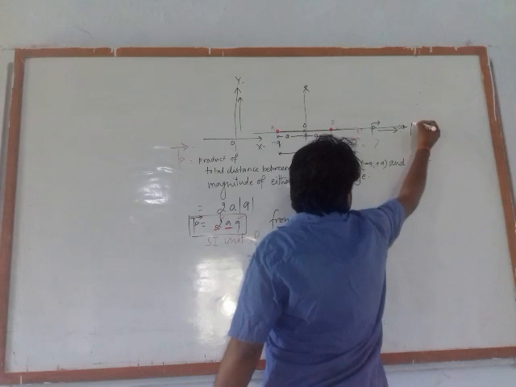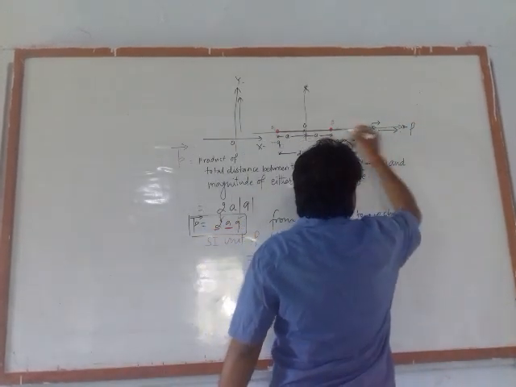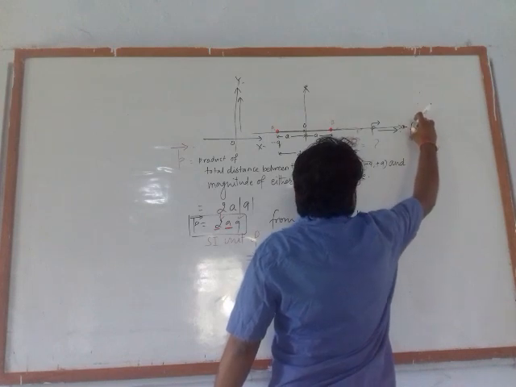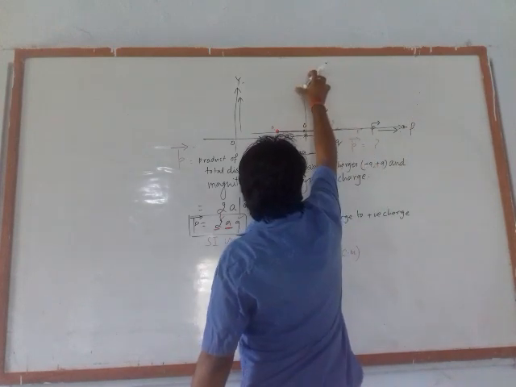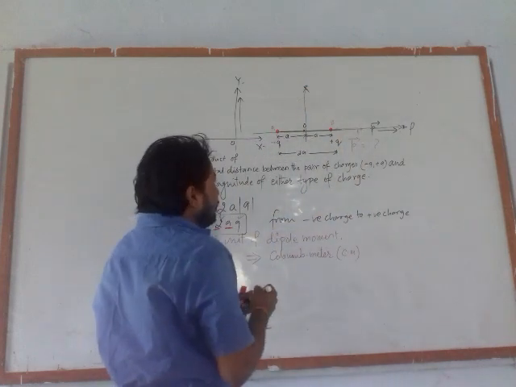Suppose P is any point where we need to find the electric field. P may lie along the direction of AB, or along the direction perpendicular to AB. Why am I telling this?